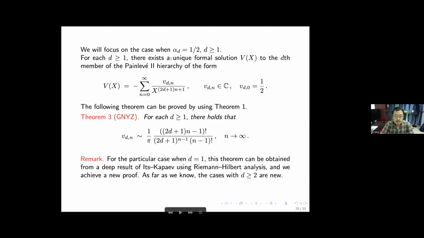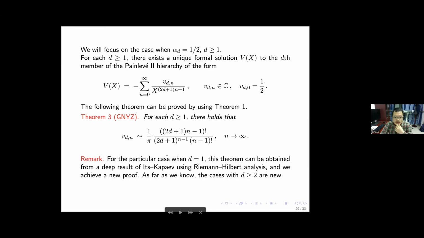So in this case, we can easily show that there is a unique formal solution Vx of this form. Yeah, and so our theorem says that the coefficients of this formal solution tend to 1/π multiplied by this factor, as n goes to infinity.